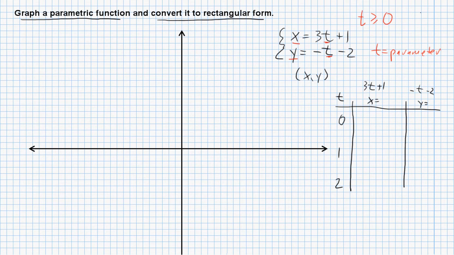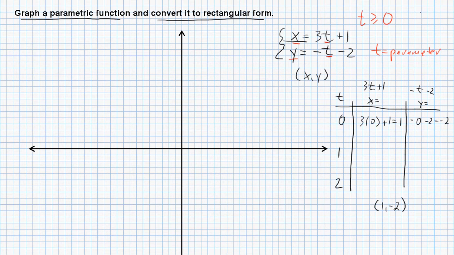For the first parametric equation, the x, we put 0 in for t. 3 times 0 plus 1 is 1. Then we put 0 into the y: opposite 0 minus 2 is equal to negative 2. So the ordered pair 1, negative 2 is part of our function.